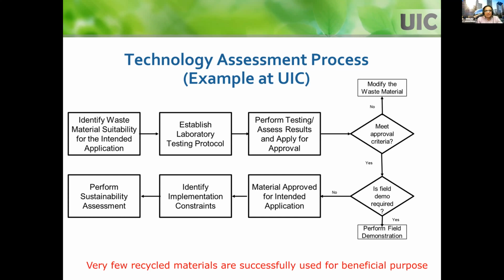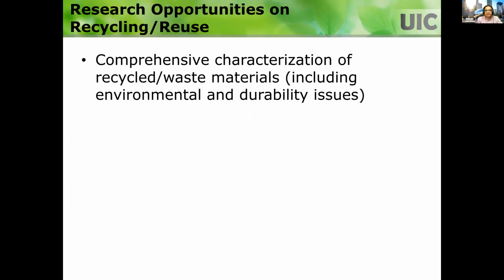I've seen very few recycled materials successfully used for beneficial purposes. A lot of research is just characterization and submitting papers, but they don't do full-scale field demonstration or establish the standards for using them for different applications.